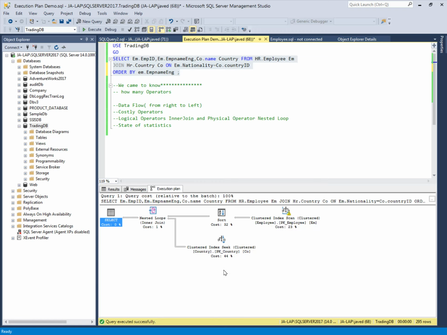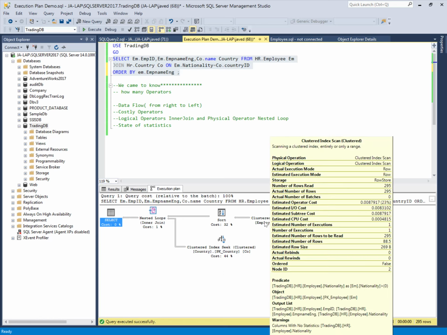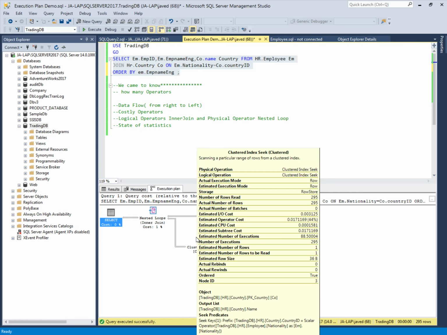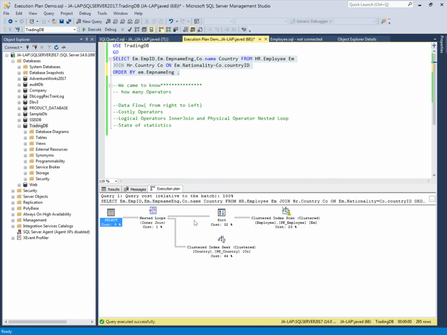So this is the query execution plan, and as we know, the purpose of the query execution plan is to find the costly operators and to understand the data flow, how the data is flowing. Data flows from right to left and from top to bottom, and we have to see whether there is any blocking operator.